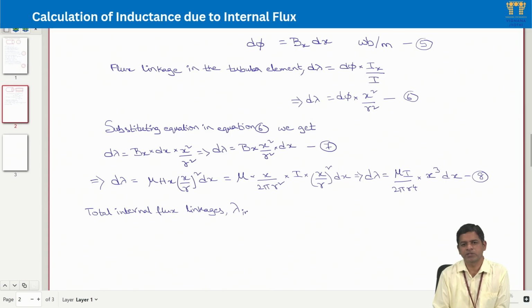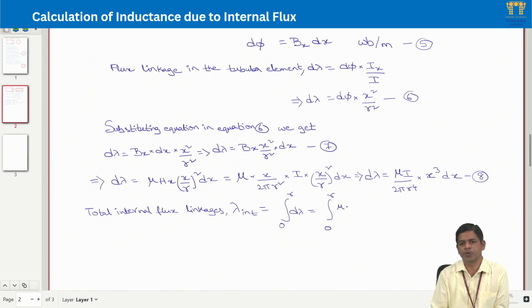I'll represent it as lambda int. Then this can be found by integrating the flux linkages in the tubular element from the center of the conductor to the surface of it, which is at radius r units from the center of the conductor. So I'll just substitute the value of d lambda in this integration.